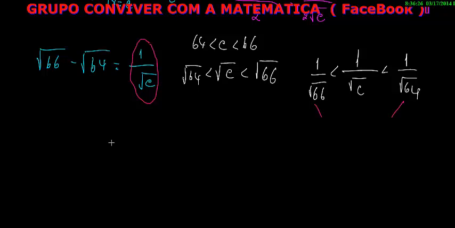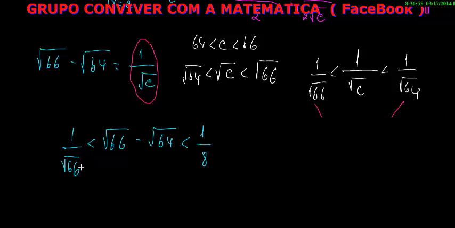I think square root of 66 minus square root of 64 is lesser than 1 over 8, because square root of 64 is 8, and it is greater than 1 over square root of 66.